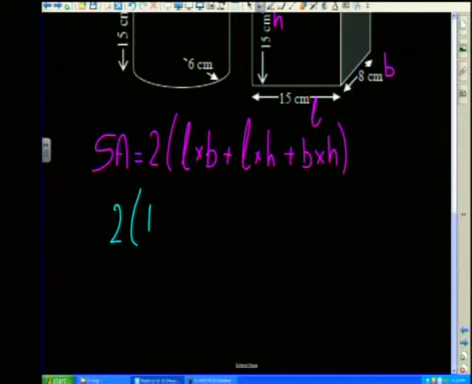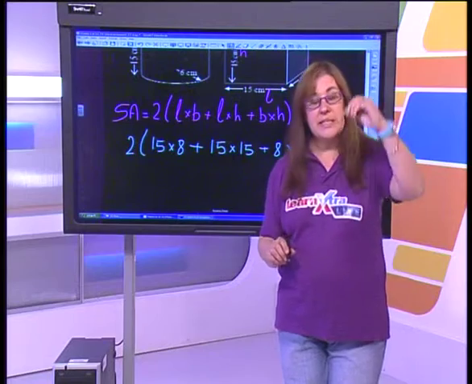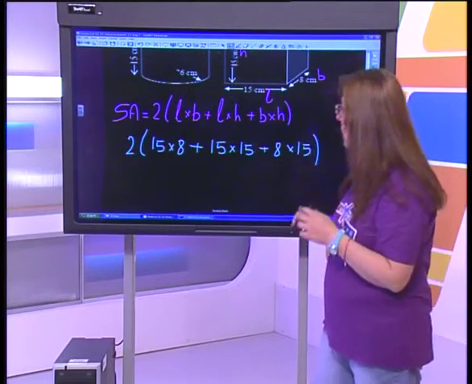My length was 15 times by my breadth, which was 8, plus my length of 15 times my height, which is 15, plus my breadth, which was 8, times by my height of 15. And just substitute one at a time. Just take it easy and just take it slowly and one at a time.